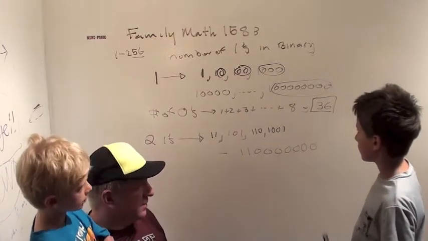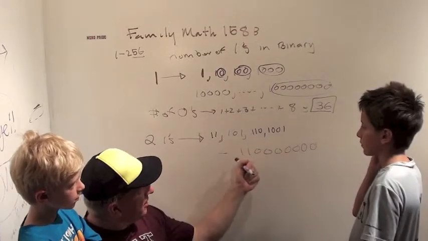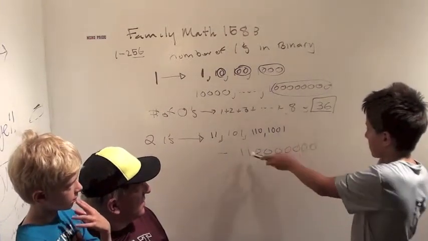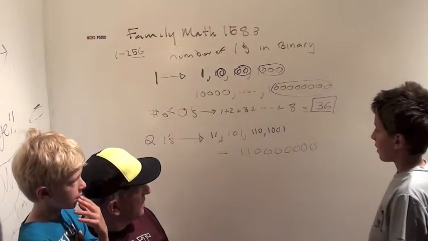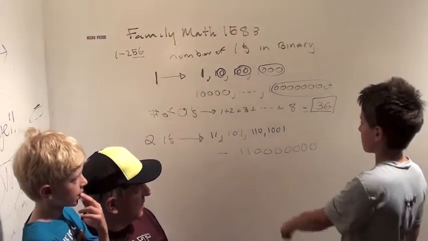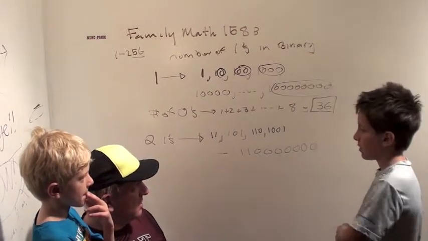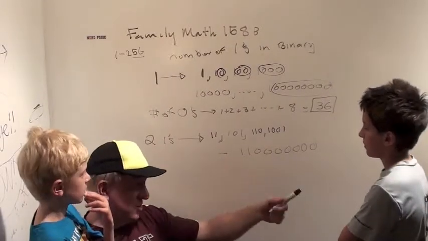Okay, there you go. Now we only have the problem of figuring out all the numbers in this list and counting the zeros. Wait, doesn't this have 6 zeros? Because there's 8 here, but I think this is bigger than 256. Interesting. This is bigger than 256. Do you see that? Good catch.